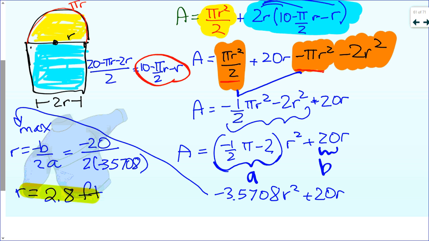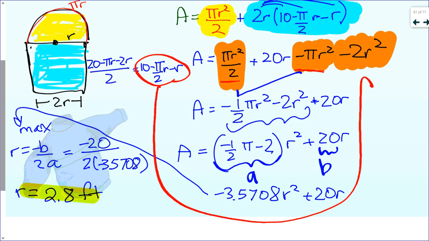So for that, we would do 10 minus pi halves times 2.8 minus 2.8. Plugging in r where we see r. And that will give us, because you could have a circle on top, but like any number of rectangles on the bottom. Can someone do this calculation for me?